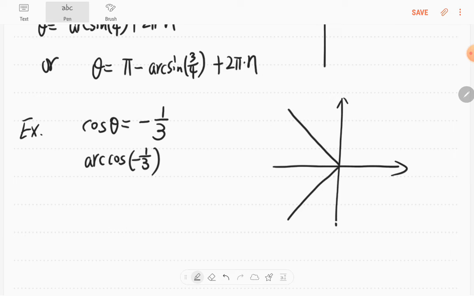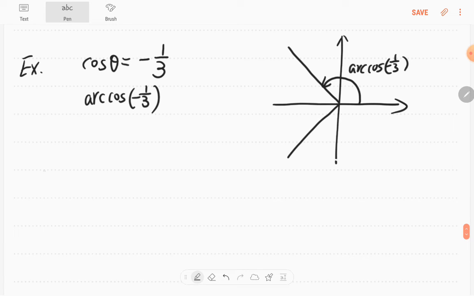It's not a reference angle. This is arc cosine of -1/3. So we have one solution, which is arc cosine of negative 1/3 plus 2 pi times n.